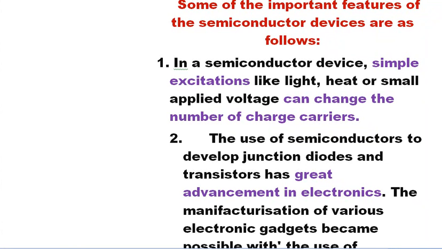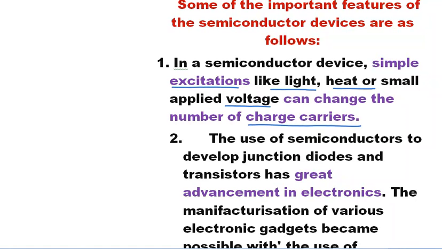We would like to state some features: in a semiconductor device, a simple excitation such as light, heat or a small applied potential can change the number of charge carriers. Whenever we want to flow charge through a conductor, there is a need for charge carriers. In semiconductor devices, the number of charge carriers may be controlled by normal excitation, such as light, small heat or a small potential.